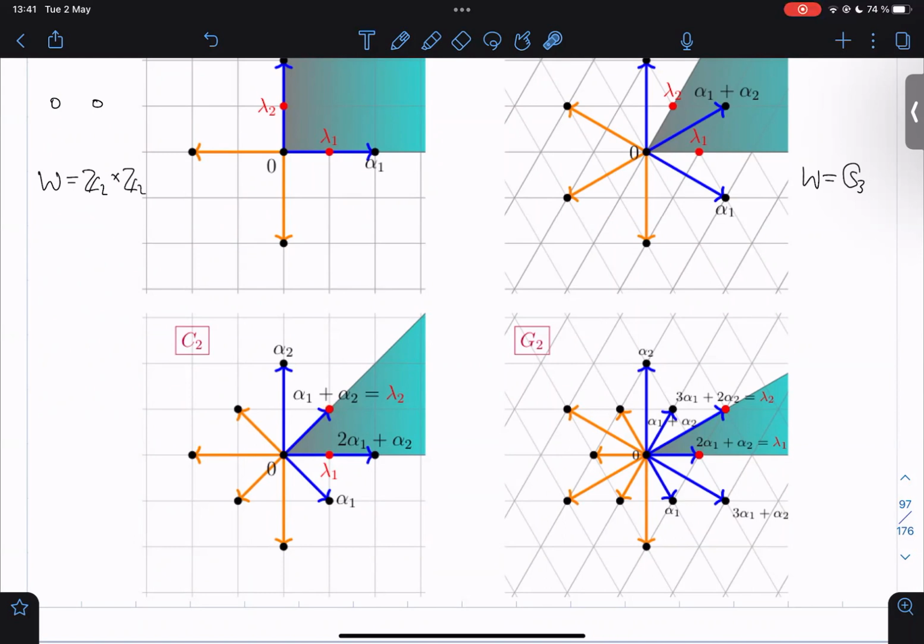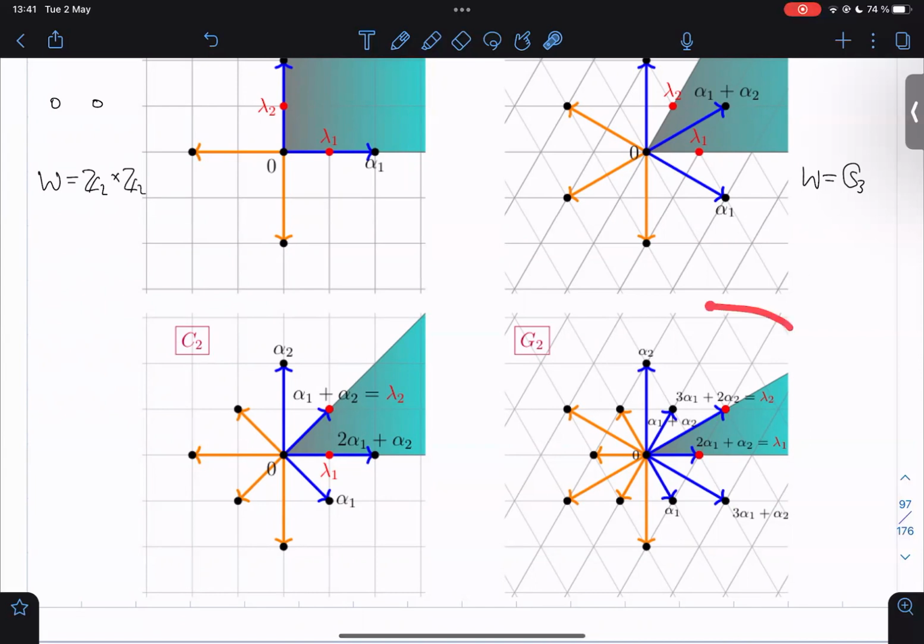You see that we have 1, 2, 3, 4, 5, 6, 7, 8 Weyl chambers. So this is a dihedral group, D4 in dihedral group notation, not to be confused with the complex simple Lie algebra D4. These are the symmetries of a square.